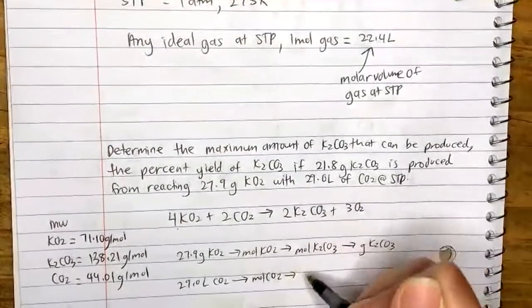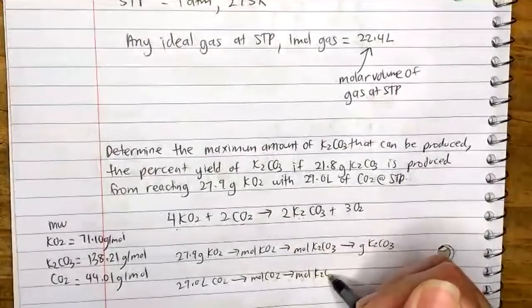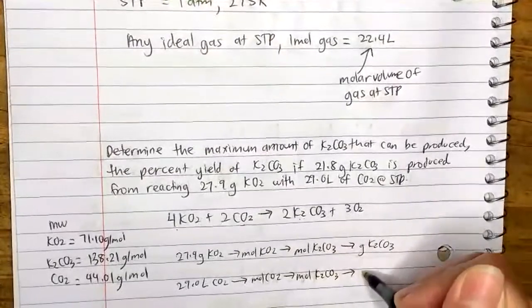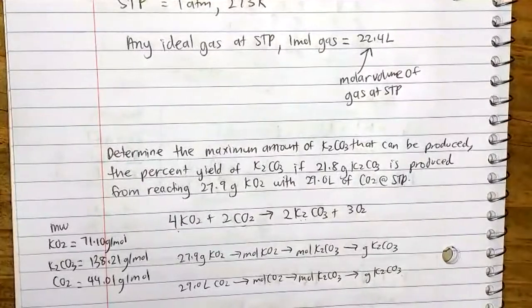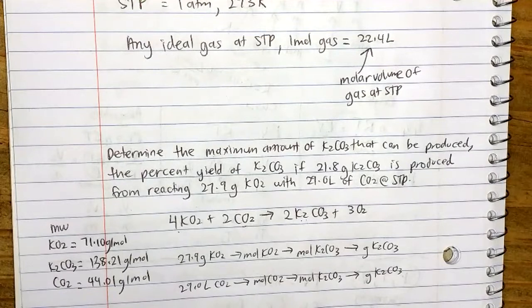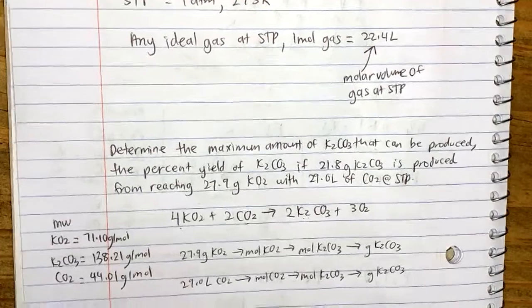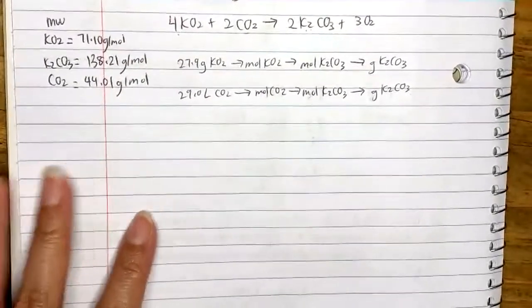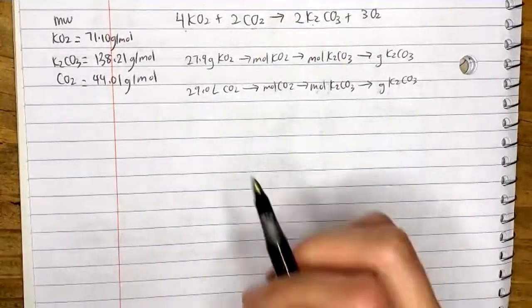Then you do the mole to mole ratio to get moles of K2CO3, and then we can turn it to grams of K2CO3. That way we can find the theoretical yield. Which one is going to be the theoretical yield? The smaller number, because after you make the smaller amount, you run out of stuff to make more. So we have to work these two out. Okay, so let's go ahead and start.